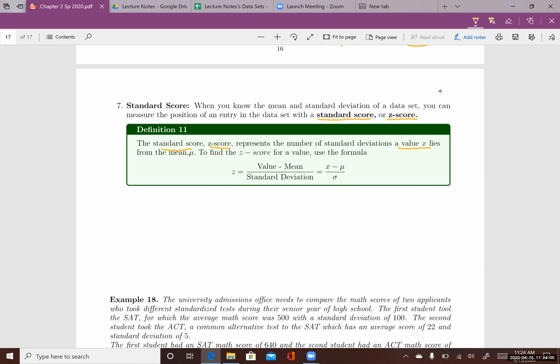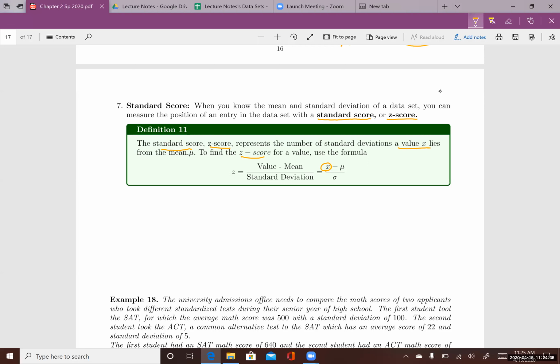The formula to find the z-score is: you take the value that you're looking at, x, subtract the mean, and divide by the standard deviation. You want to see how many standard deviations away from the mean this value is. So you take x minus mu and divide it by sigma.